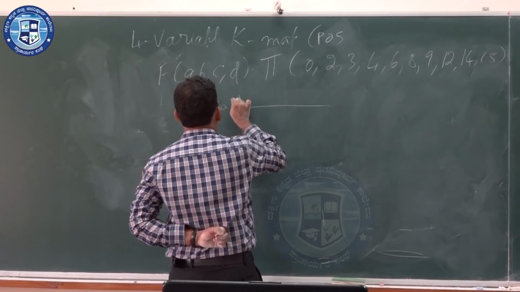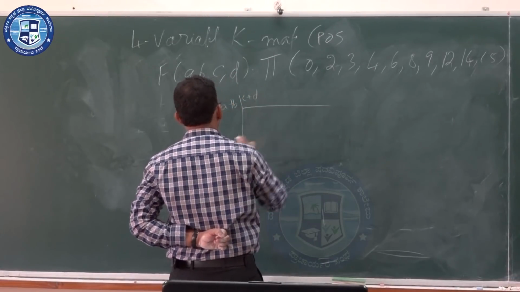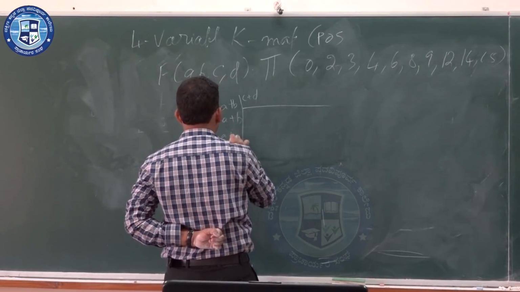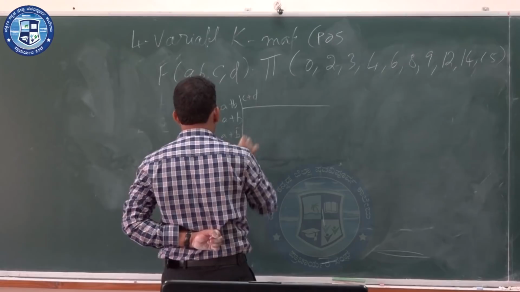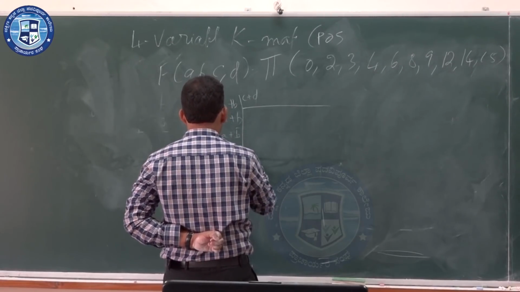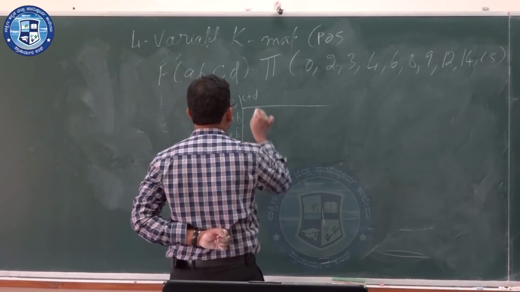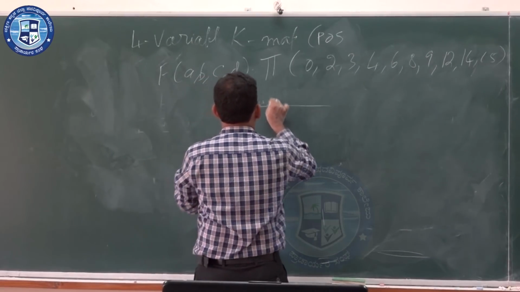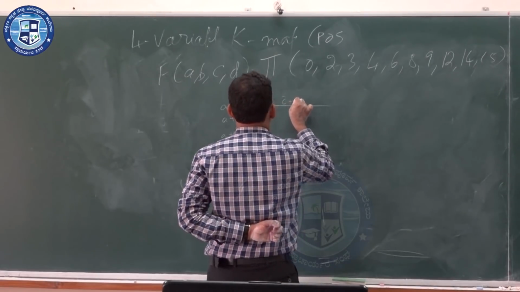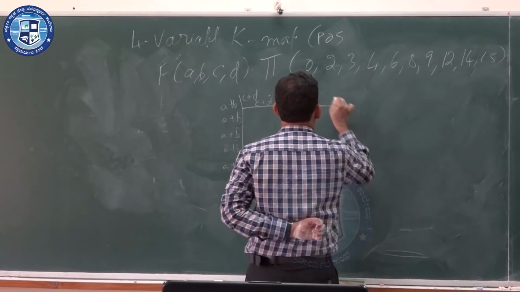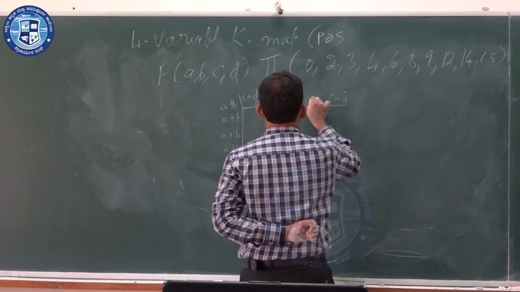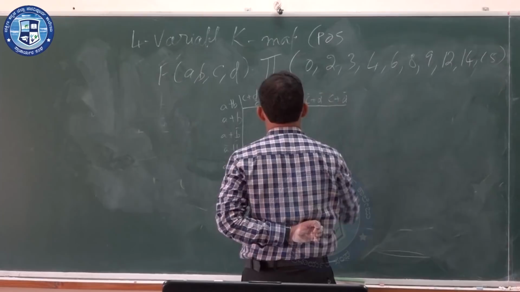A plus B, C plus D, A plus B, A plus B bar, A bar plus B and A bar plus B bar, C bar plus D bar, C bar plus D, C plus D bar and C bar plus D bar.